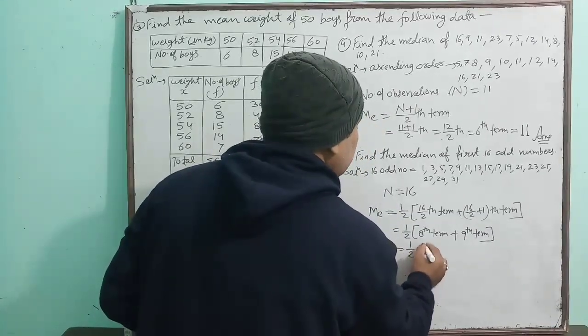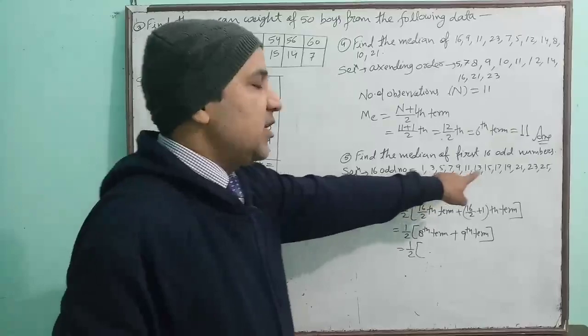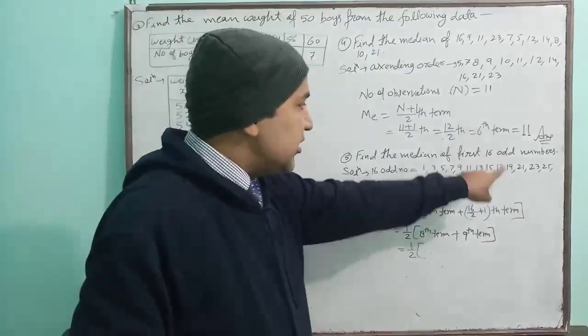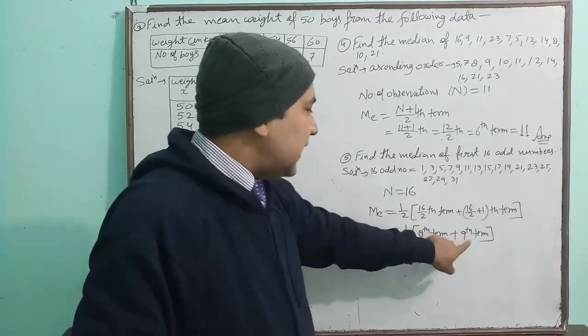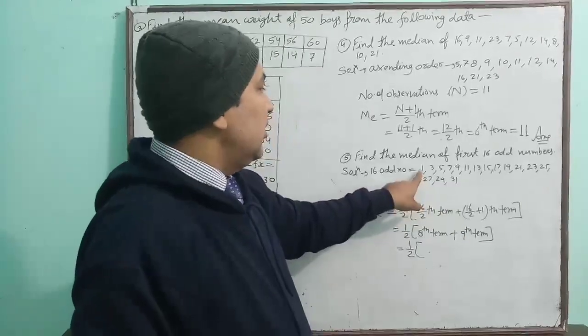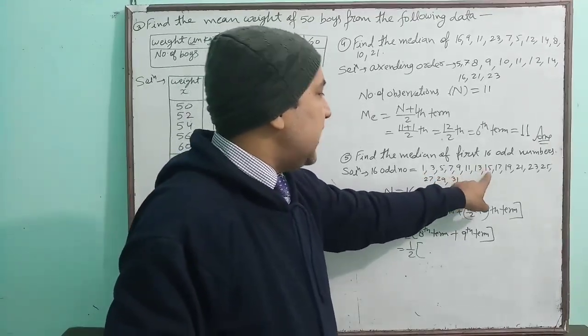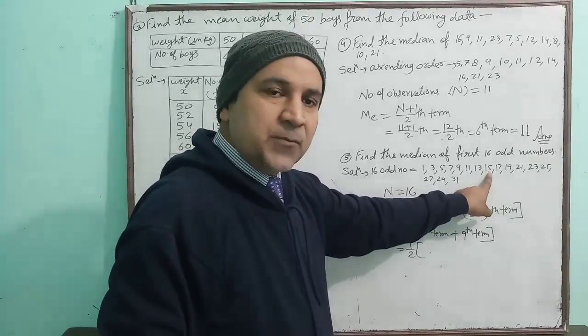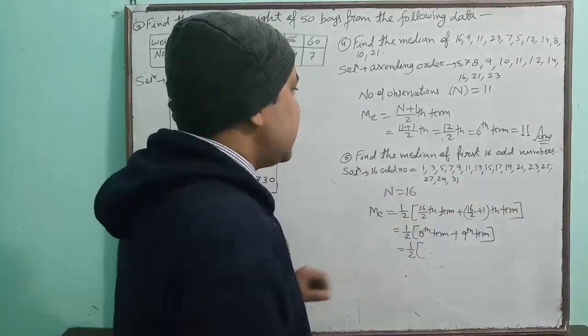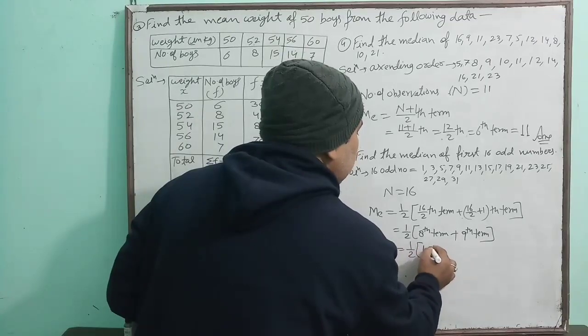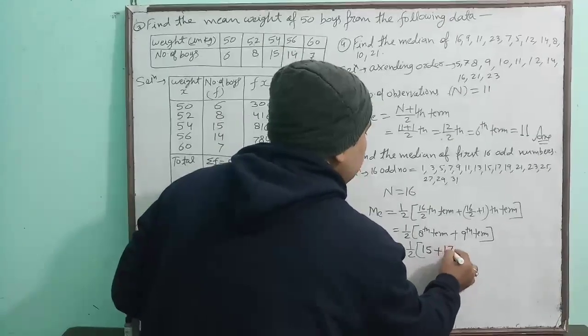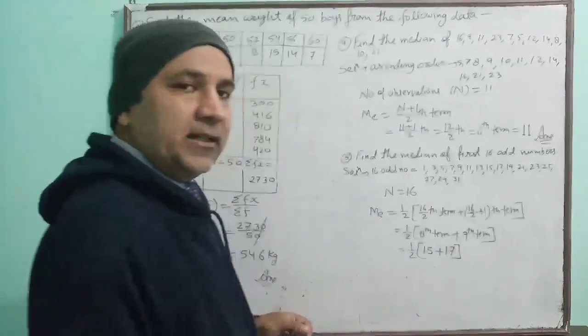Now, again in your numbers, you will check which numbers are coming at the 8th and 9th place. So, count 1, 2, 3, 4, 5, 6, 7, 8. The 8th term is 15 and the 9th term is 17.